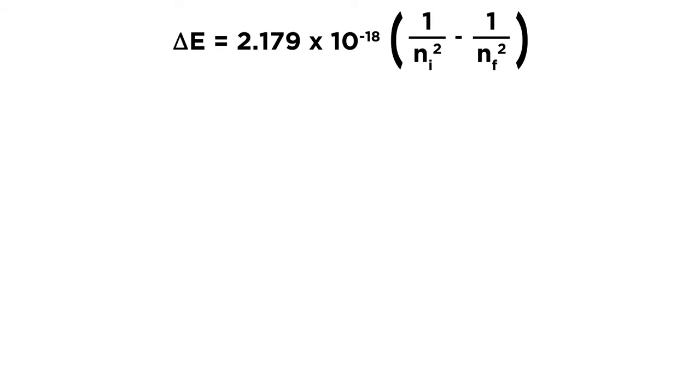And now let's replace the n, the orbital quantum number. Initial n is 4 and final quantum number is 6.